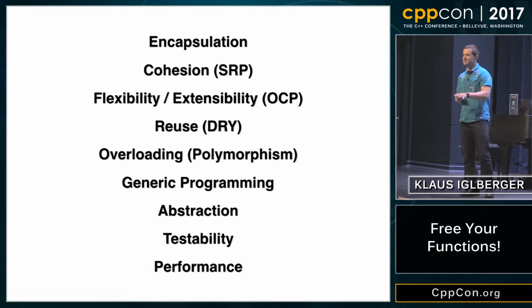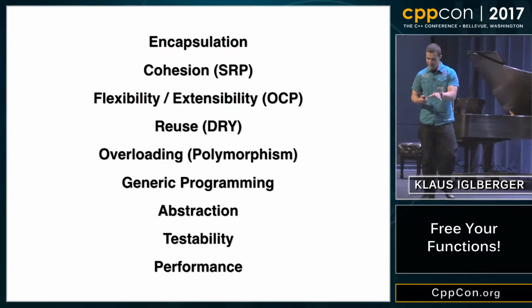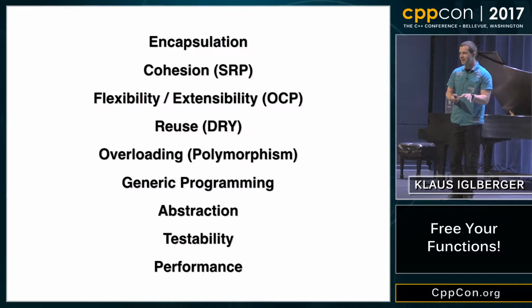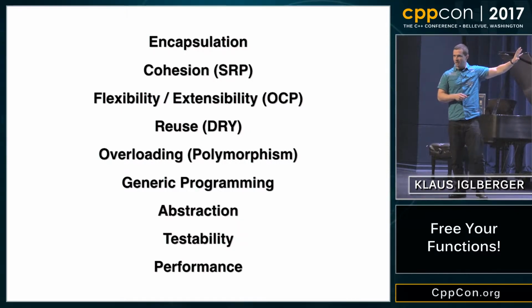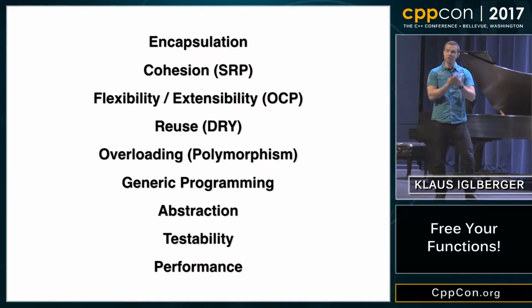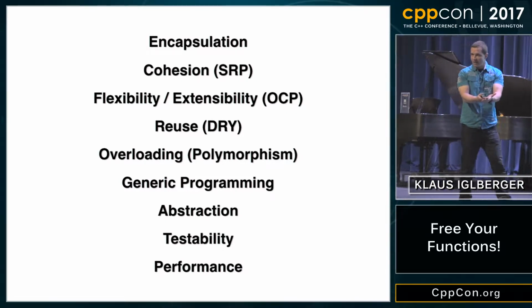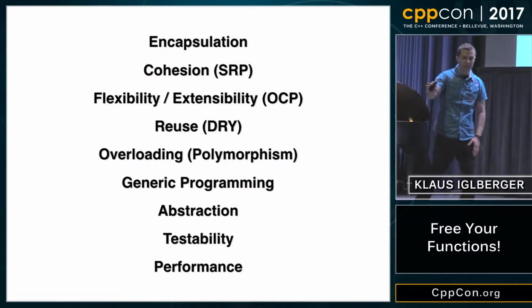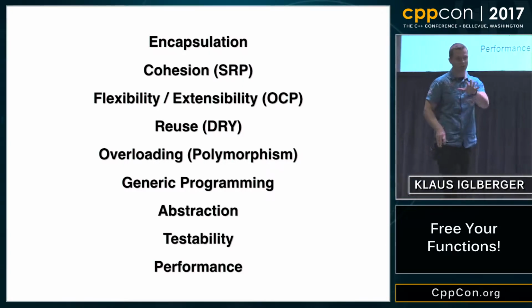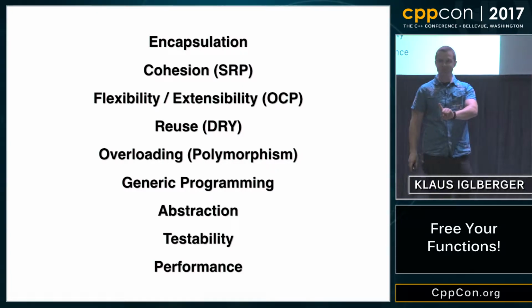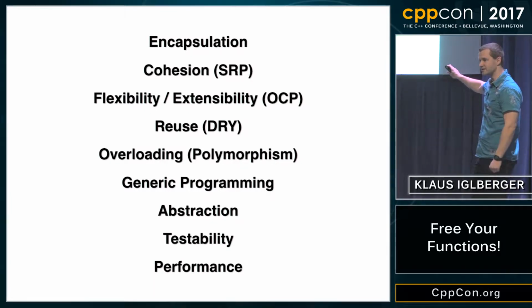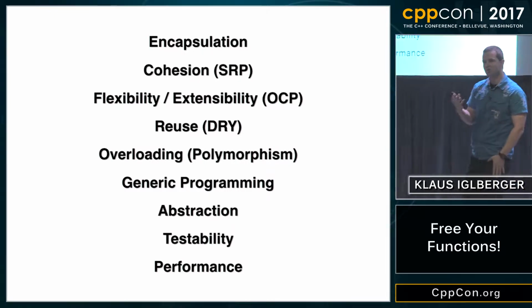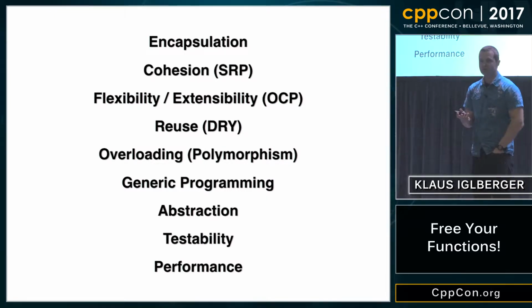If you're not impressed at this point, I basically have no idea what to do. This is virtually every argument in the book for what you should have in your code. And I don't say that member functions do not have anything of this. Don't take me wrong. I just say free functions are better with regard to everything on this list. And it definitely should be a convincing argument.